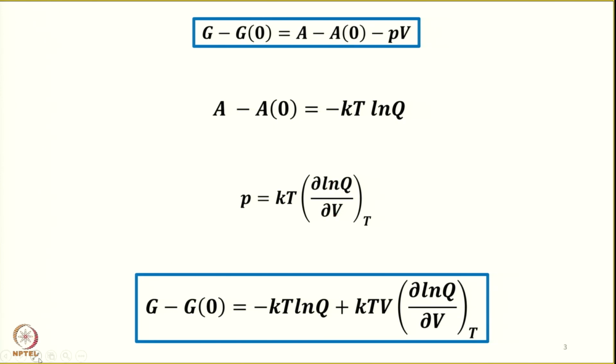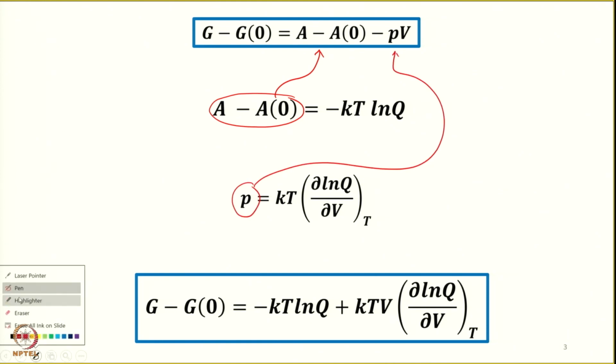So now, if you substitute A minus A0 value over here and pressure expression over here, what you get is this expression. G minus G0 is equal to minus kT log Q plus kTV.